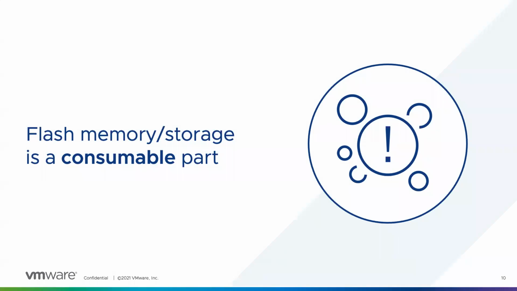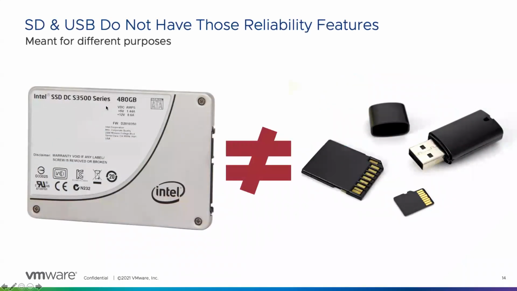Now, some things about flash storage. As you know, any flash storage that you use is basically a consumable storage. What it means is that it has a device endurance, which means it has a limitation in terms of how much data it can write throughout its entire life cycle, right? What I have on the left-hand side is the Intel SSD.